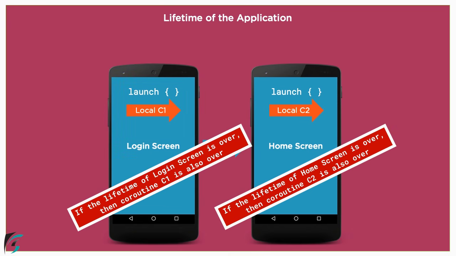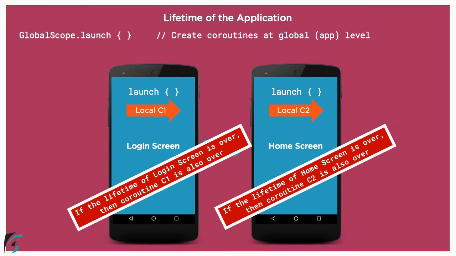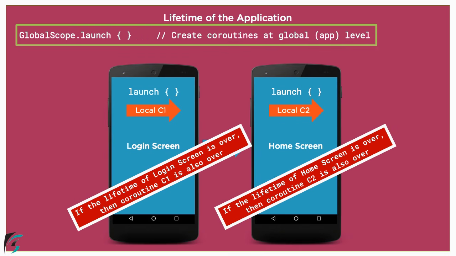Like this. Perfect. Now moving on, what about if we create a coroutine using the GlobalScope.launch function? Well, using this syntax, we actually create a coroutine at the global level or at the application level.